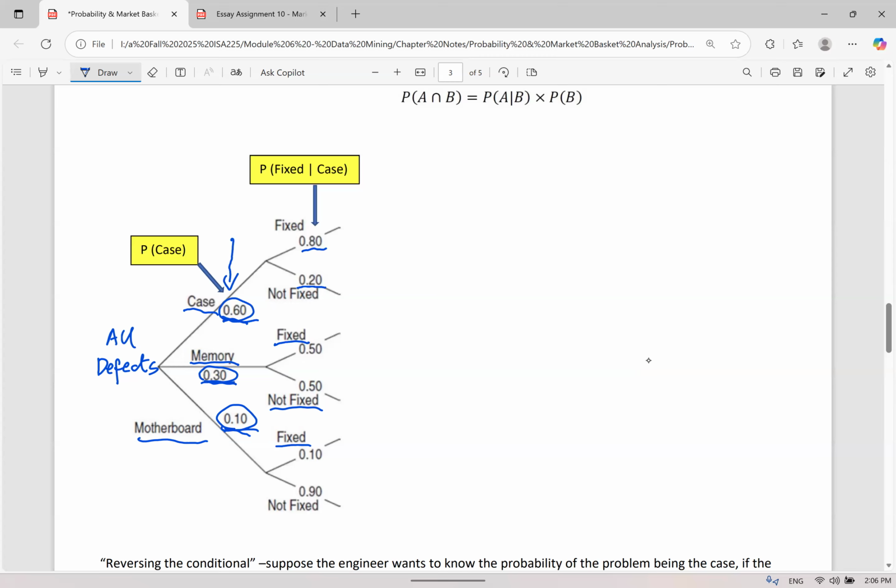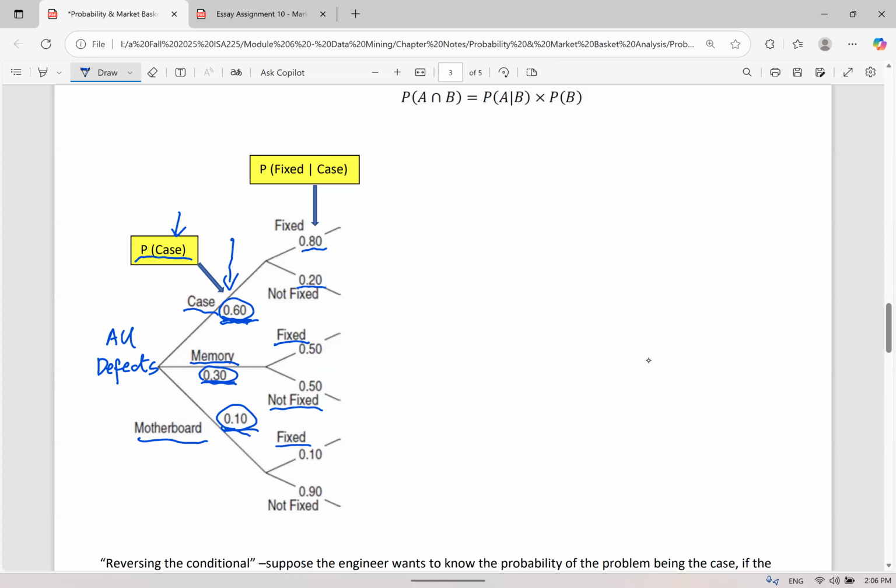When we talk about this 0.60, what's this probability? It's the probability of the case alignment problem. Do I care whether these defects can be fixed or not when I talk about this 0.60? No. We just focus on what kind of defect it is.